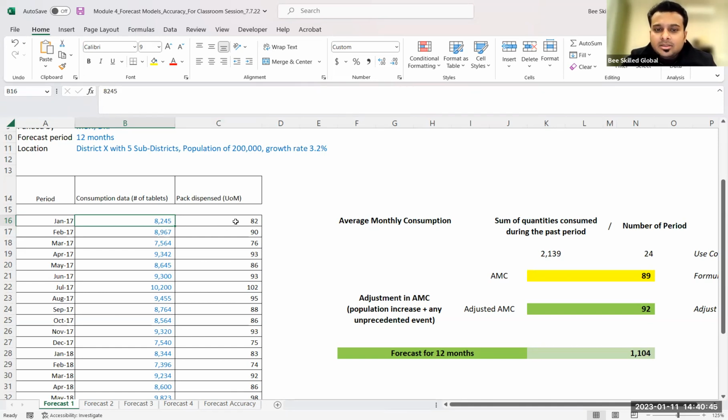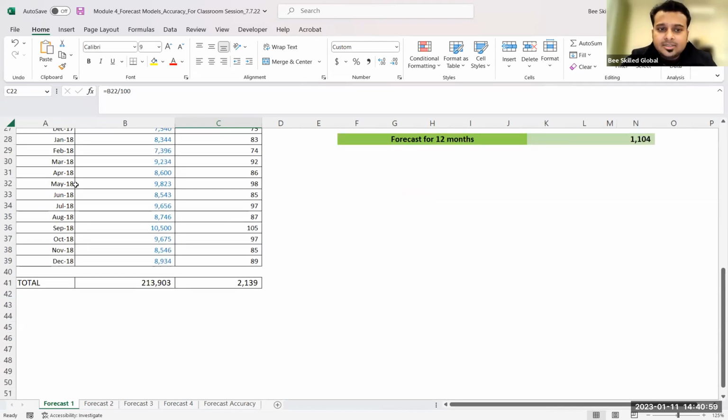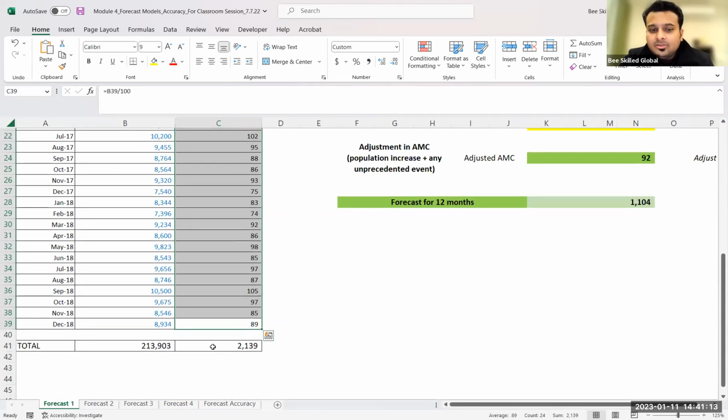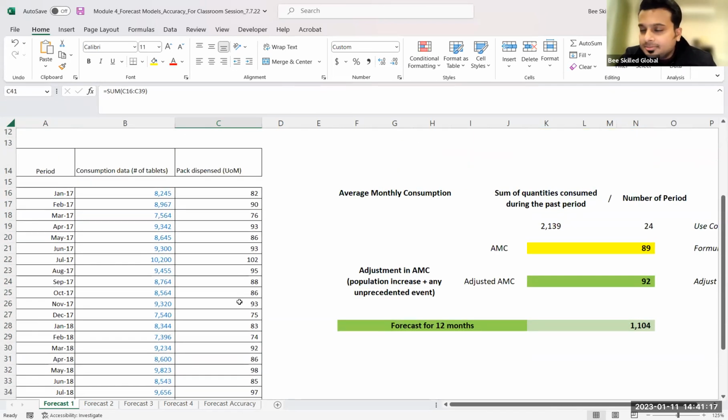So every month in district X, they are using 82 packs, 90 packs, 70 odd, 100 packs, depending on what kind of diseases and prescriptions are happening. In total, in 2 years, in 24 months, they used 2,139 packs. We've just taken the sum of the 24 months of consumption. Now, one more thing.